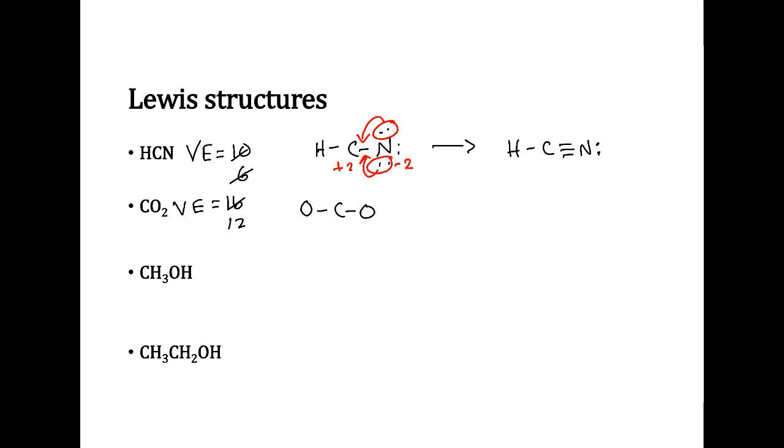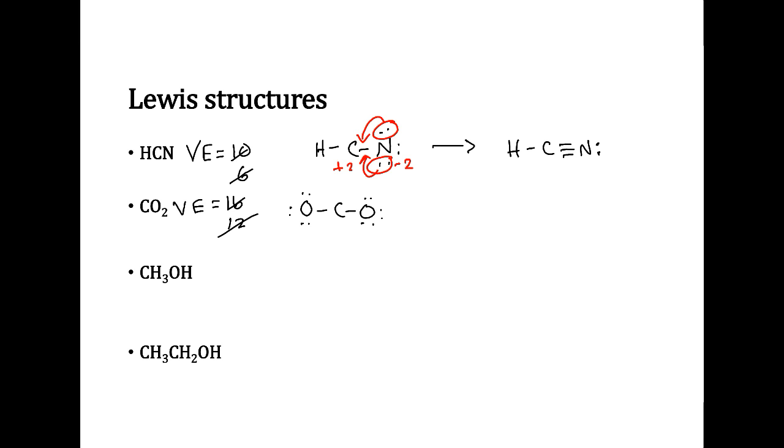Now we need to fill up the octets on the terminal atoms, so we'll have 2, 4, 6, 2, 4, 6. That gets rid of all of our valence electrons.